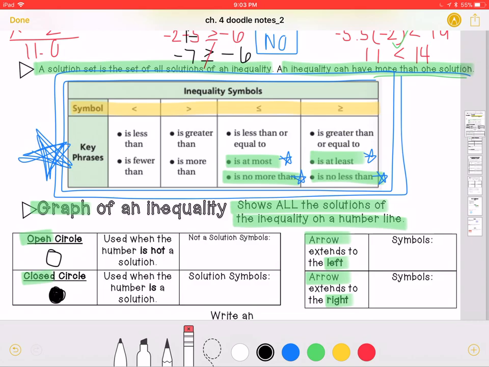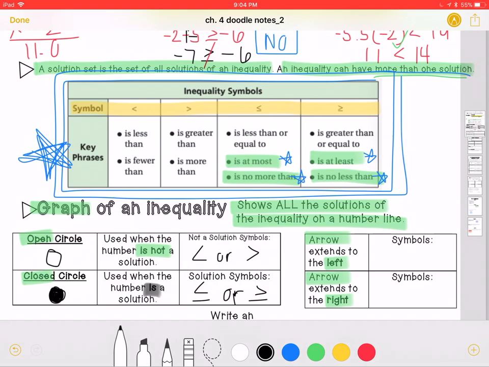An open circle is used when the number is not a solution. Those symbols mean that it has to be just less than or greater than. It cannot equal it. Whereas a closed circle means that it is a solution, and that means that it's less than or equal to, or greater than or equal to. So when it's equal to it, we close the circle.